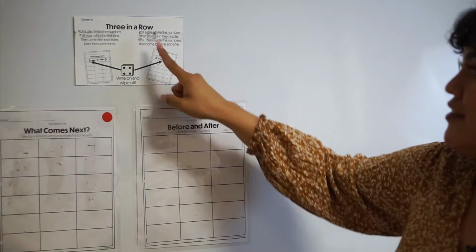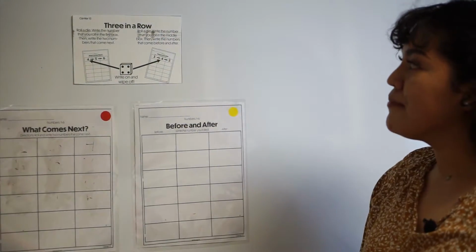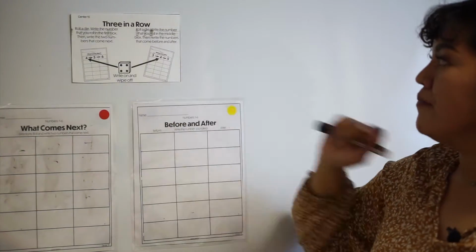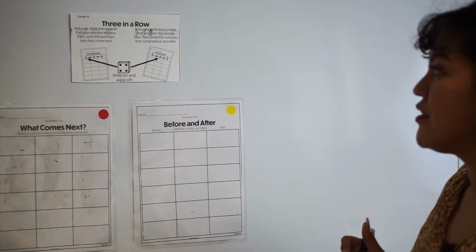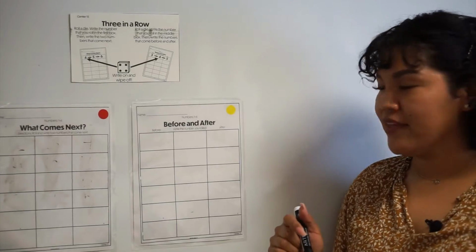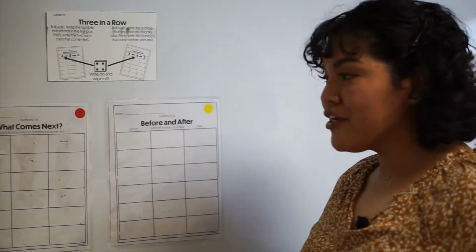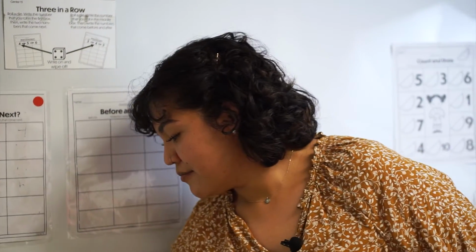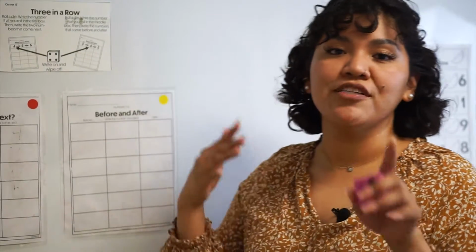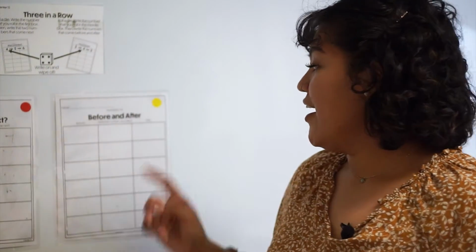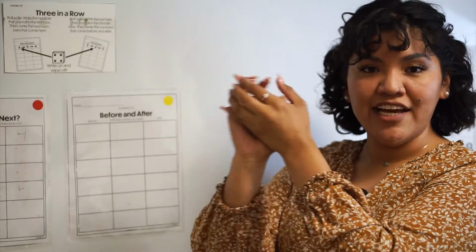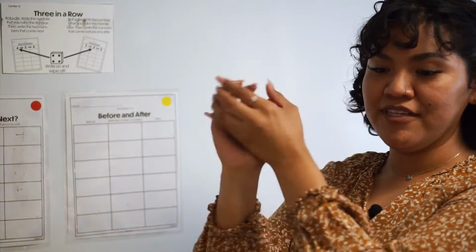Okay, this one says, roll a die, write the number that you roll in the middle box, then write the numbers that come before and after. So we've seen this one before, just like what is one less and then what is one more. Okay, so let's roll our die, see what number we get.